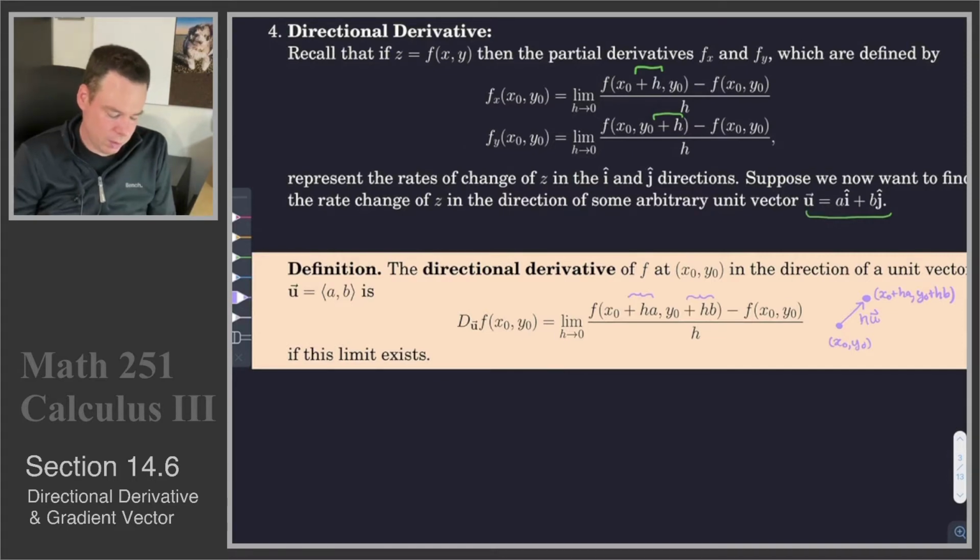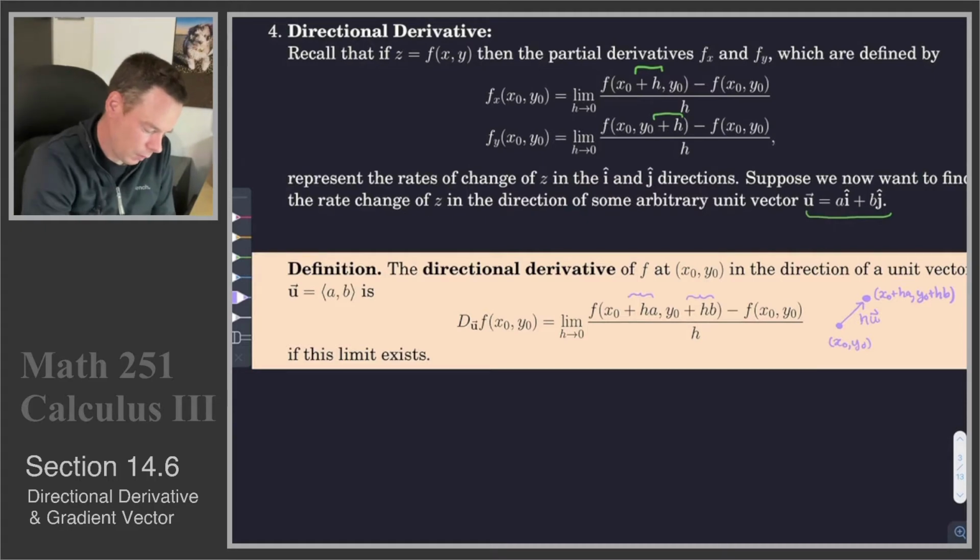When we take the limiting value of this expression as h goes to 0, that gives us the rate of change of z in that direction. So that's our directional derivative of f at the point x naught, y naught in the u direction. So the question we can ask now is, how do we actually calculate this?